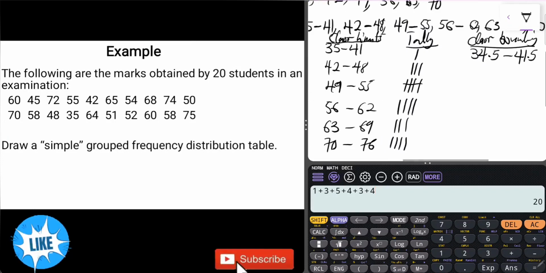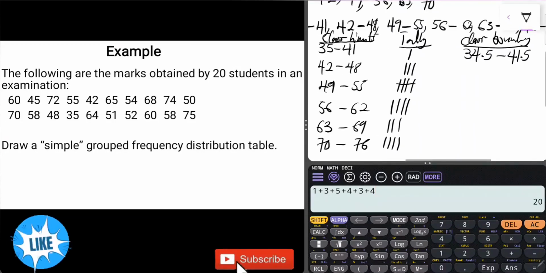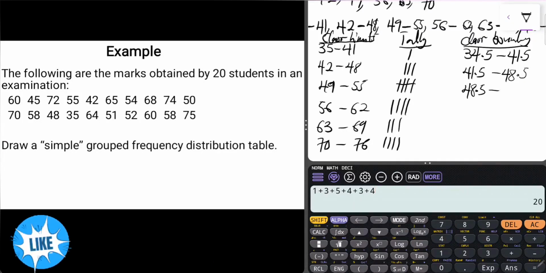Then it continues here to 42 to 48, which is going to be 41.5 to 48.5, and then it continues in that manner. So here I'm going to have 48.5 to 55.5.